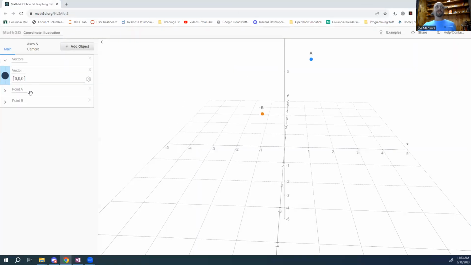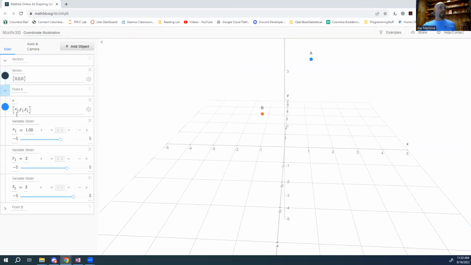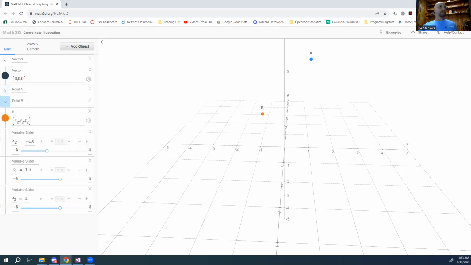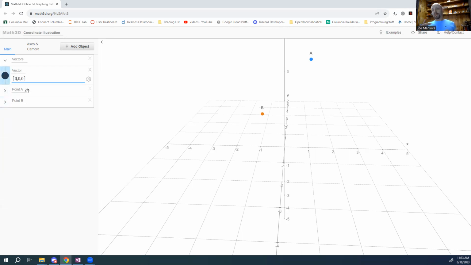So here's a Math 3D sketch. I've got my 2 points. There, A is x1, y1, and z1, and B is x2, y2, and z2. So I'm hoping here that we can punch some stuff in and get a black vector that goes from A to B, right? So here's what I'm going to start with. If I need to go from A to B, that's 2 units to the left, it looks like, from this picture, right?